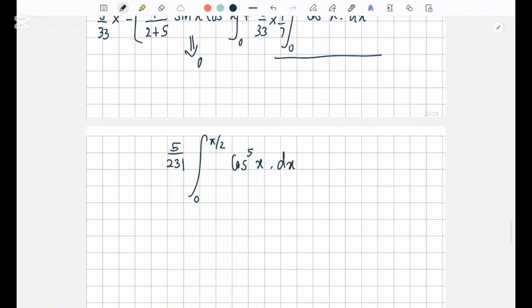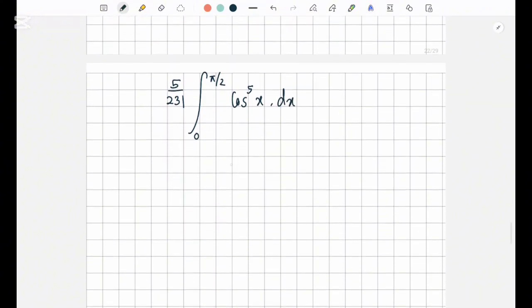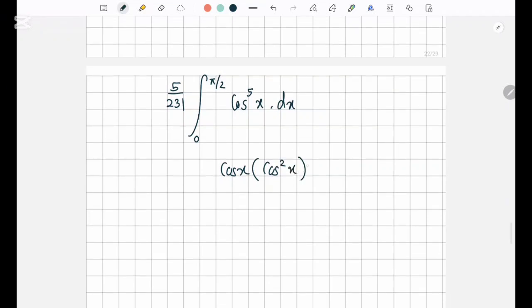So now let's integrate that. So you could write that as cos x into cos x to the power 4, right? And cos x to the power 4, I can write it as cos x to the power 2 in brackets to the power 2, like this. Ignore the intervals for now.